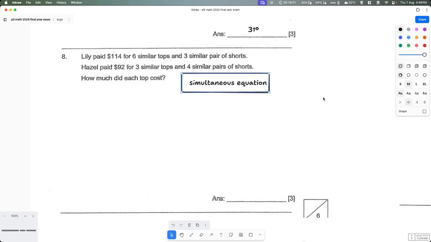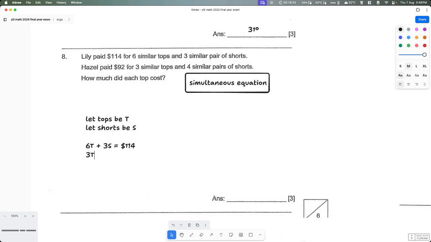What we can do is let tops be T, let shorts be S. So that means 6 tops plus 3 S is equal to $114. Then 3 tops plus 4 shorts equal to $92.